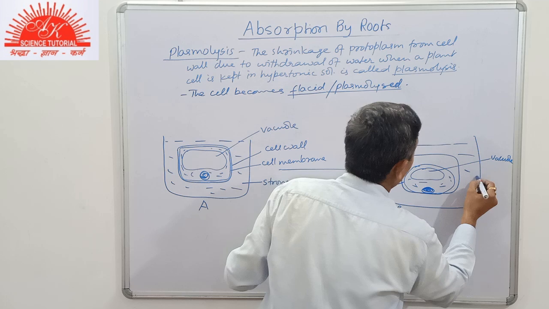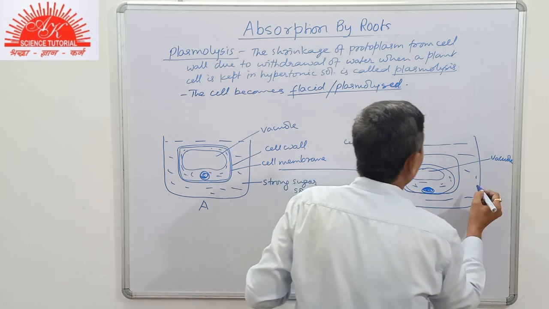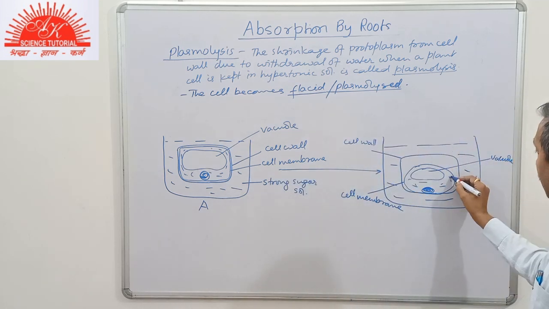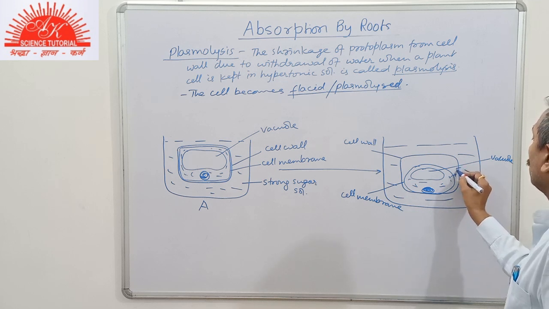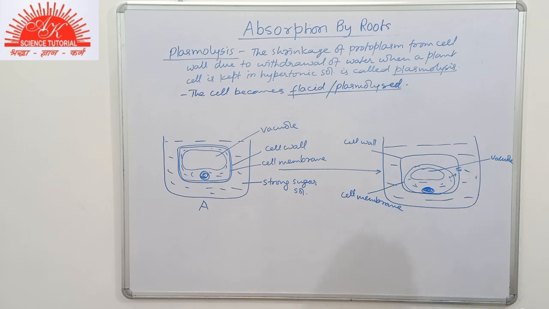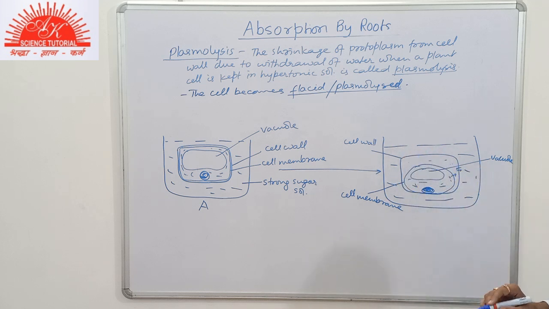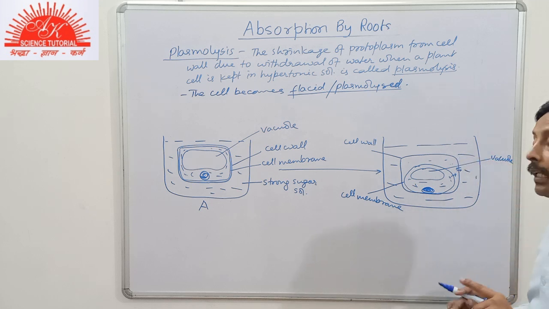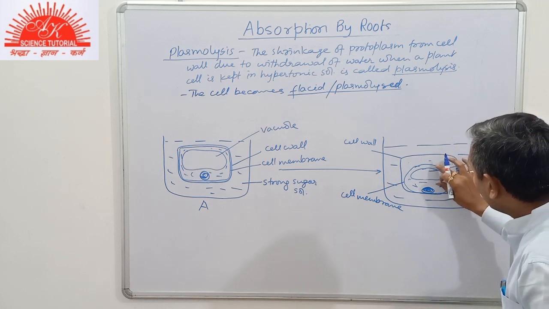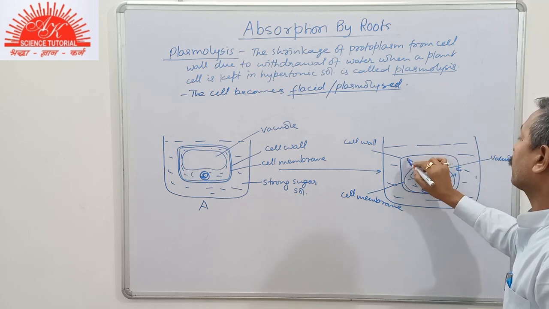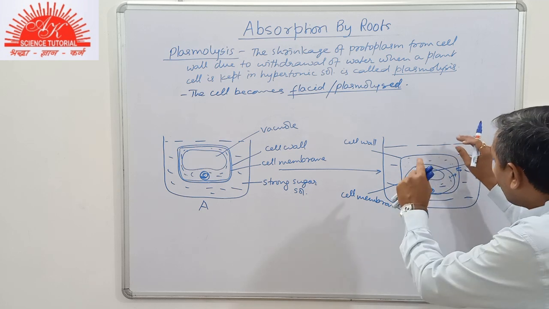Now we see, students, that exosmosis has taken place across the cell membrane, whereas through the cell wall bidirectional movement takes place, as it is freely permeable. The question is asked: what type of solution will be present in the space between cell wall and cell membrane? Here there is a shrinkage of protoplasm.